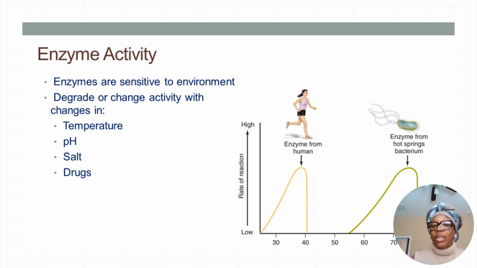The folding of those proteins or those enzymes, and when that structure of folding of enzymes is interrupted or broken down, that process is called denaturation. So denaturation is a deactivation of enzymes based upon its structure being interrupted. And we see that this structure can be disrupted by various things: temperature, pH, salt, drugs.